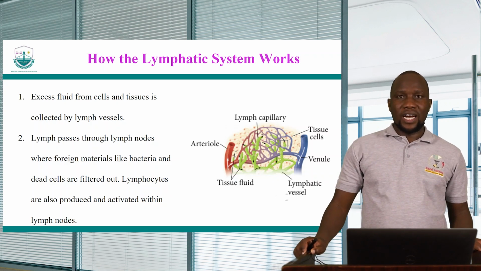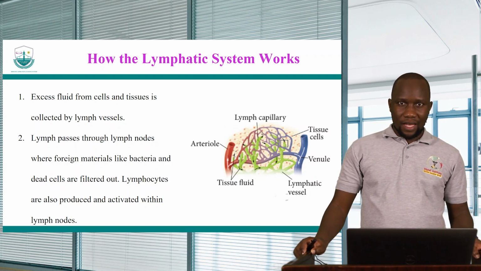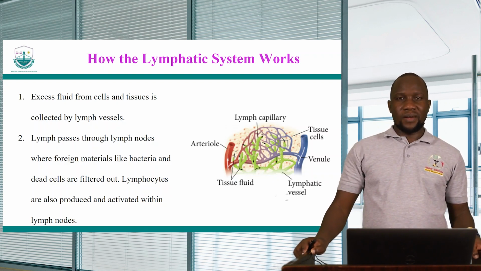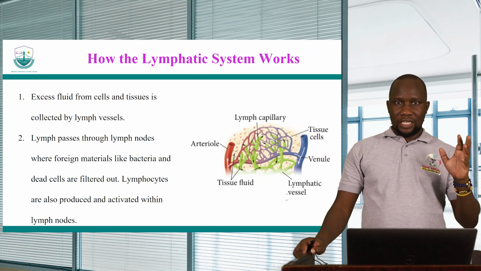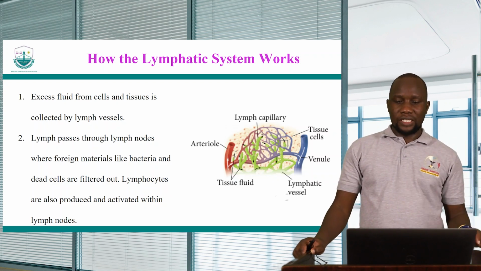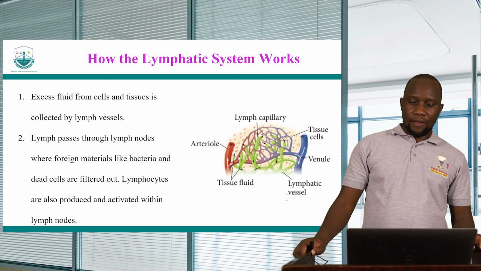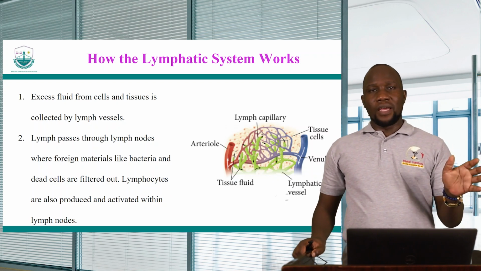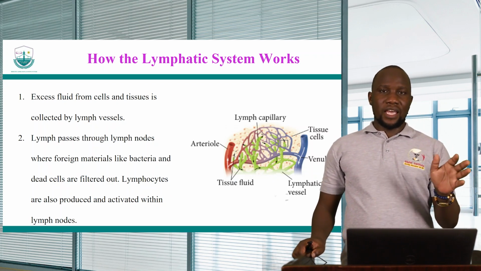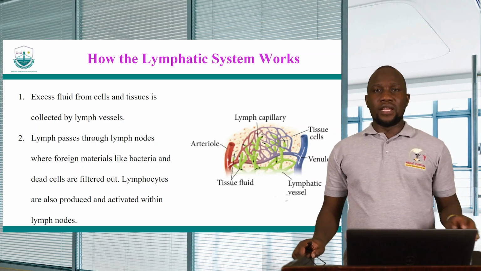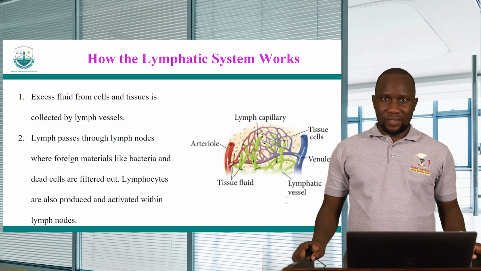Now this fluid comes from tissue fluid. Okay, tissue fluid. Remember, we said that the formation of tissue fluid is that we have excessive fluid escaping into the intercellular spaces.